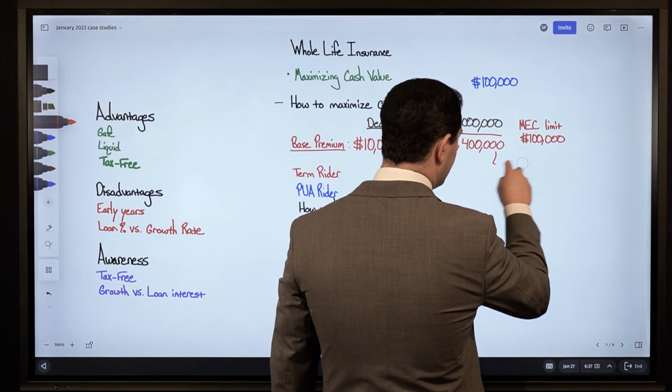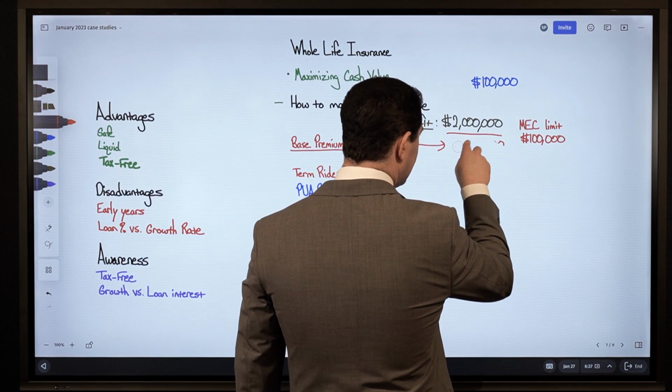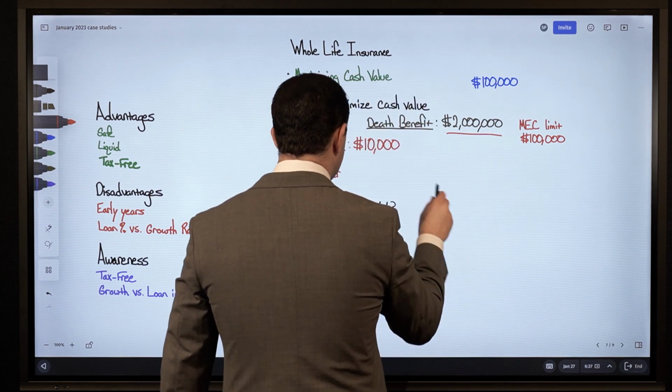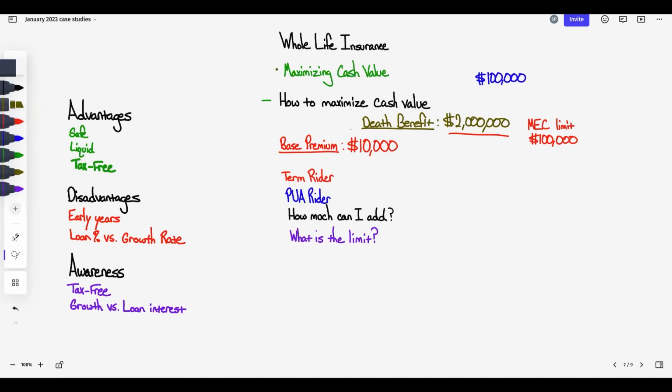So here's what I would do. Firstly, let me hit something here. When I say add more money, what I am referring to is what you see in blue, this PUA rider. PUA stands for paid up additions. So what this does is accelerate the cash value growth of a whole life insurance policy.